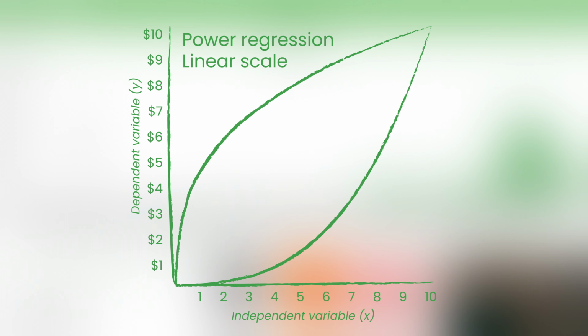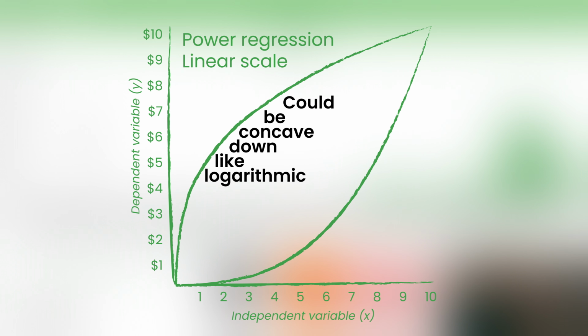Now to our little diagram, which we showed with gold. This is how a power regression could look on a linear scale. Power regressions are probably the weirdest ones we have looked at so far, because if you remember, the logarithmic regression typically will grow faster at the beginning and slower at the end, a concave down curve like the one we've drawn here.